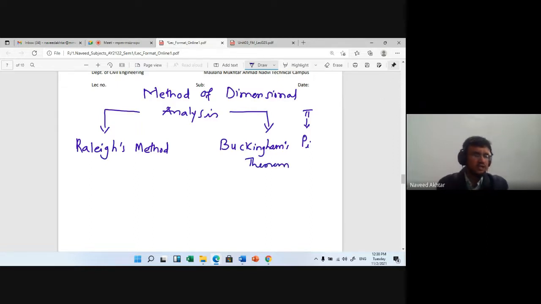So there are two methods for dimensional analysis: Rayleigh's method and Buckingham's pi method.